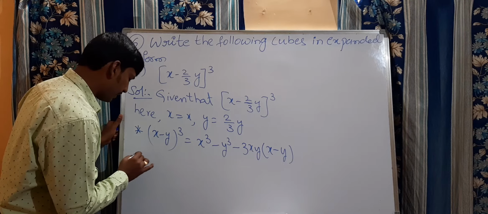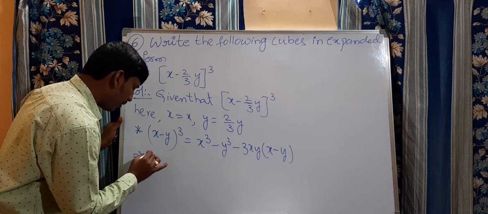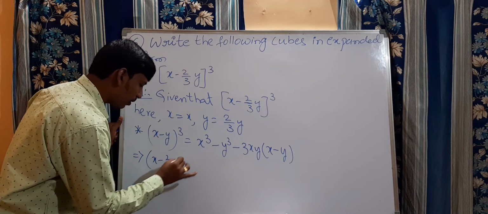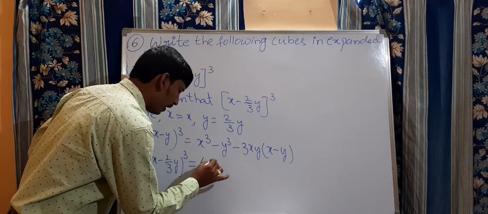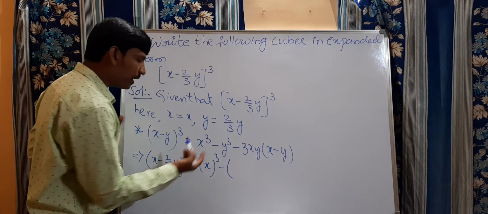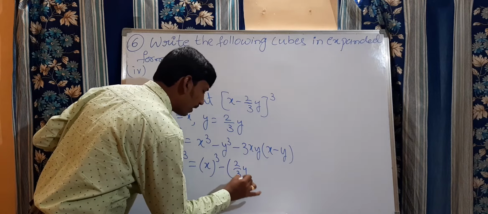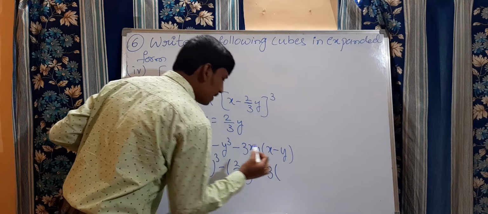Now, in the place of x only, y equal to 2/3 y. So (x − 2/3 y) whole cube is equal to x cube only, minus y cube. What is y cube here? Y cube is nothing but (2/3 y) whole cube, minus 3 into, what is the x term?